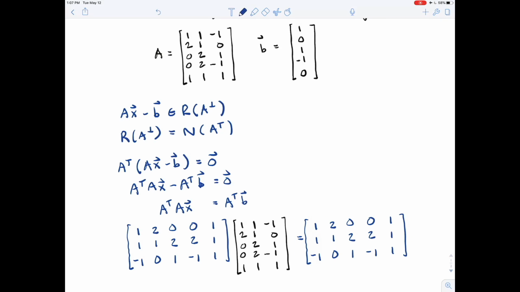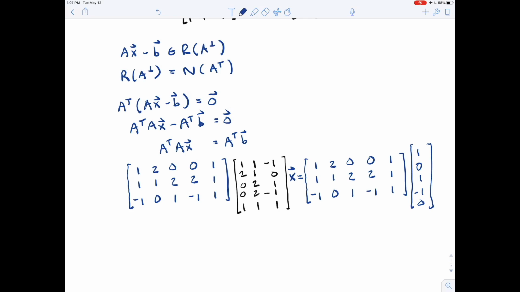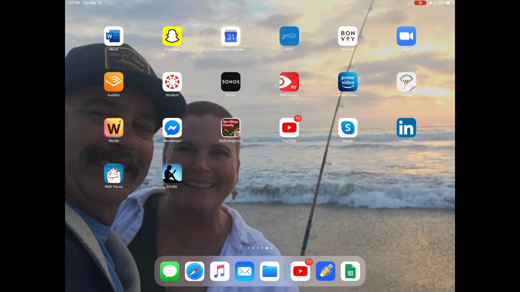So b is easy, so I'll just write that out. Good so far? All right, and then, sorry, I forgot the x here. That's what we'll be finding. Okay, very good.